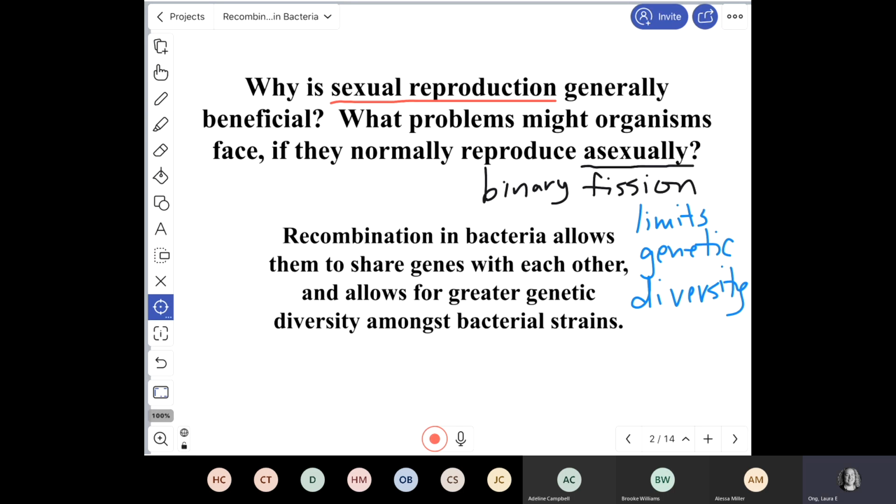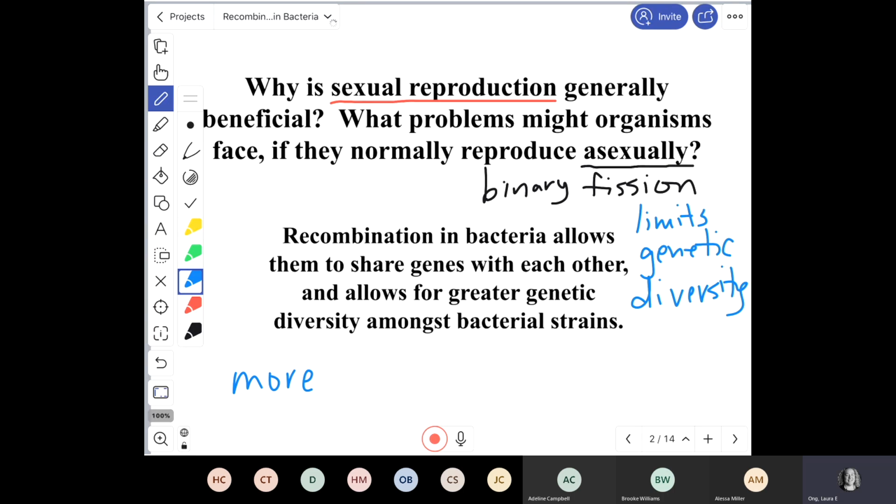So sexual reproduction, one of the reasons why it's good for life is that it gives you new genetic diversity or new genetic combinations. So if you have, switch back to pen.